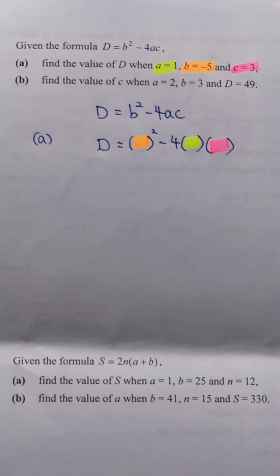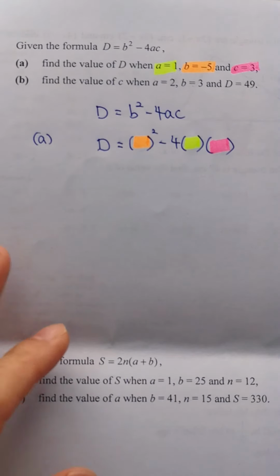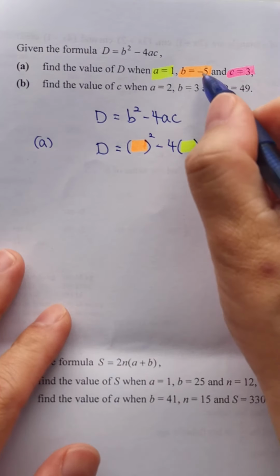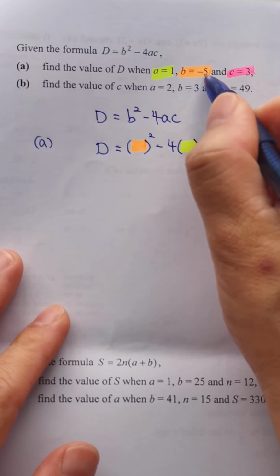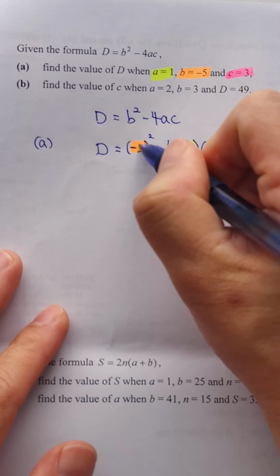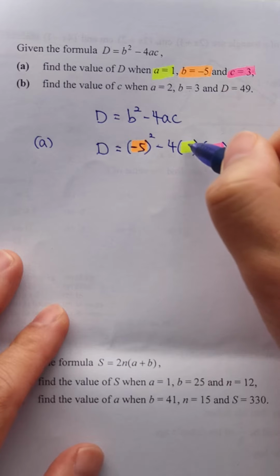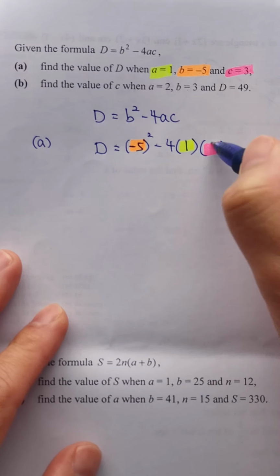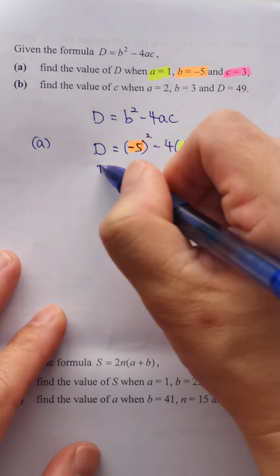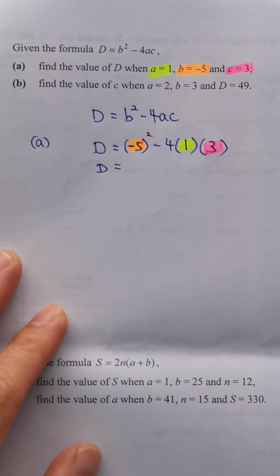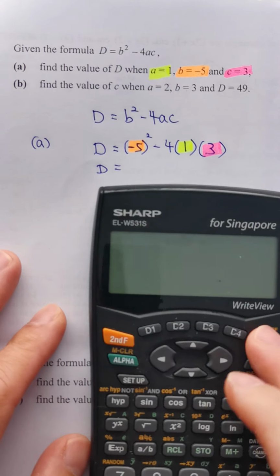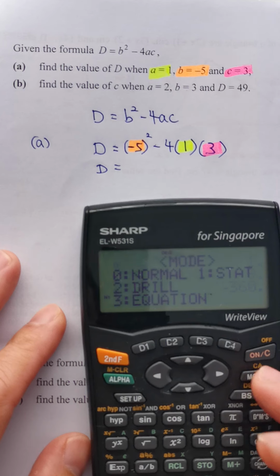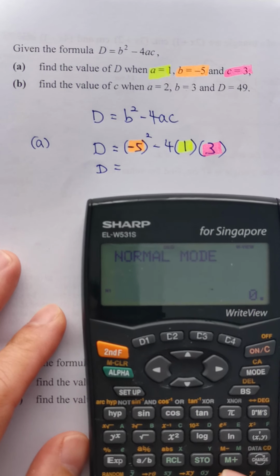The next step will be quite simple. You just need to substitute accordingly. The orange one, B, is equal to -5, so I put -5 here. A is equal to 1, and C is equal to 3. By using your calculator, let me change the mode to normal.